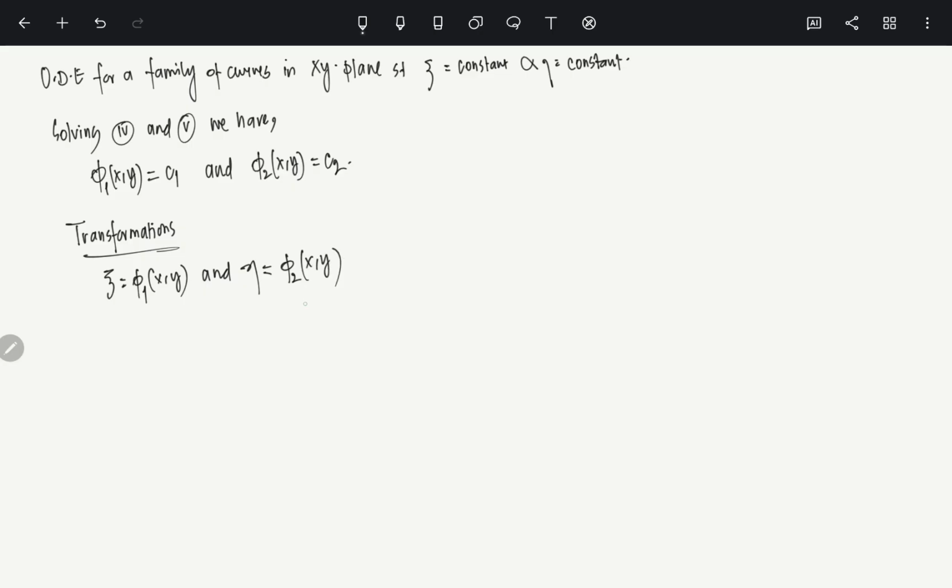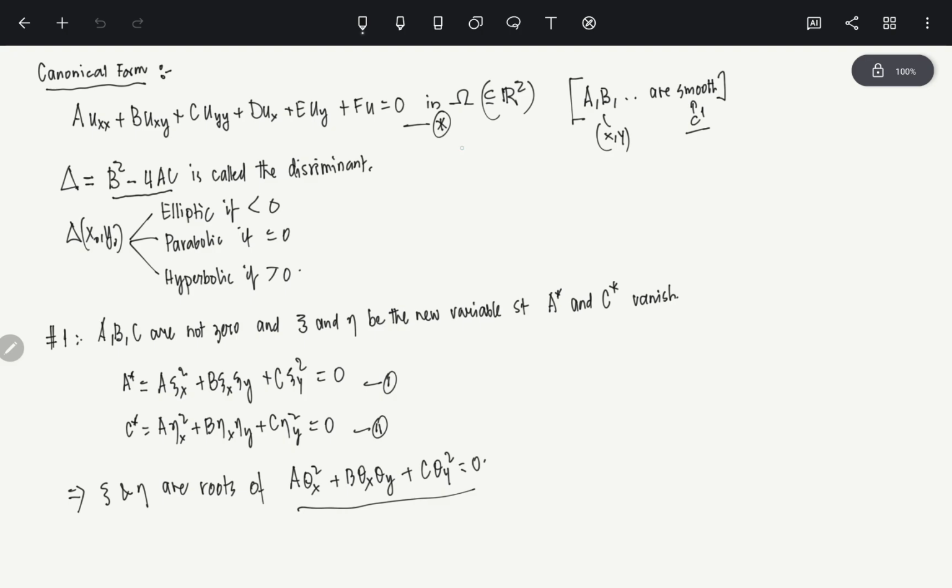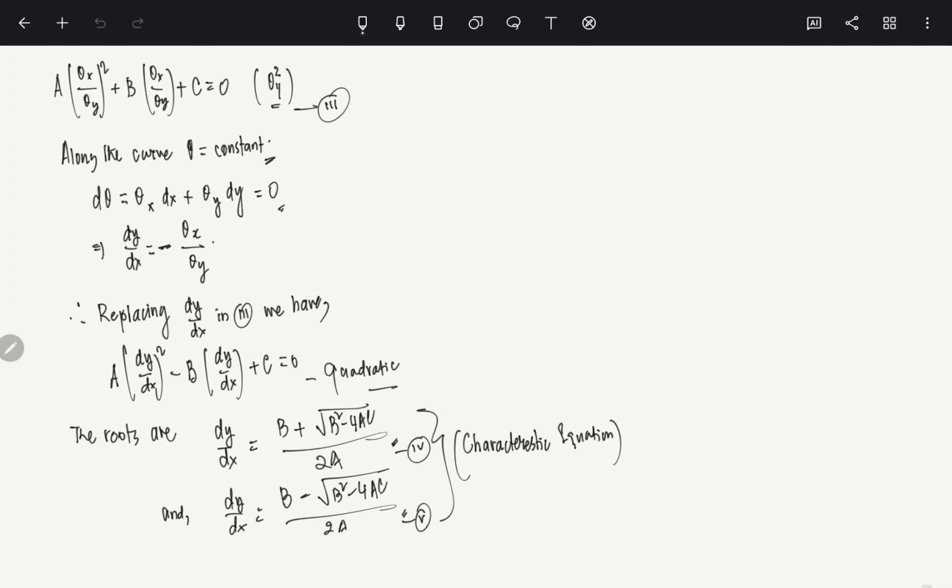With these two transformations, you can change the original equation star into the canonical form. So let's look at how to do it in different contexts.